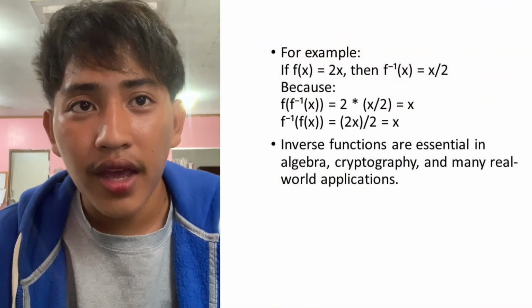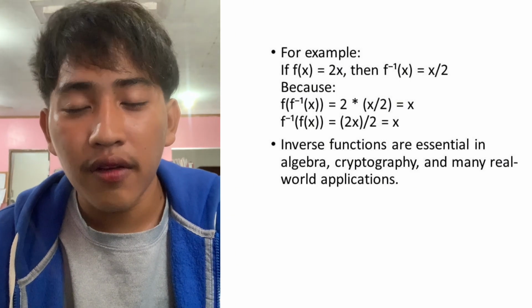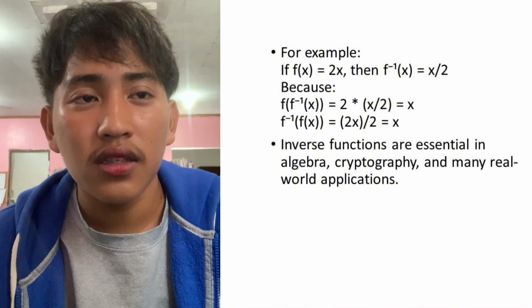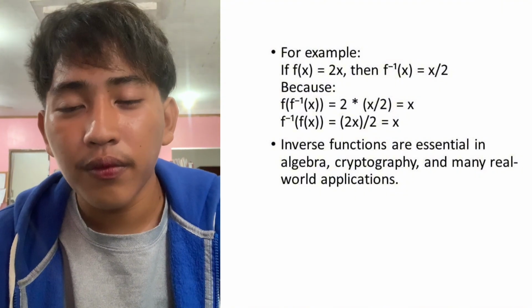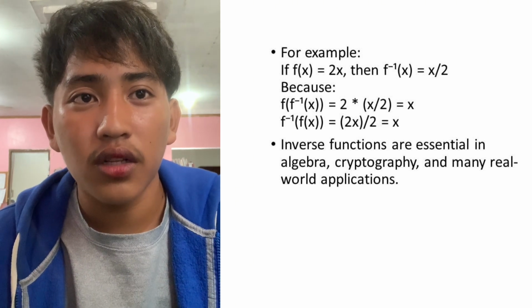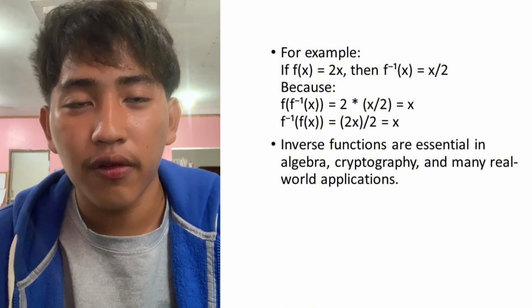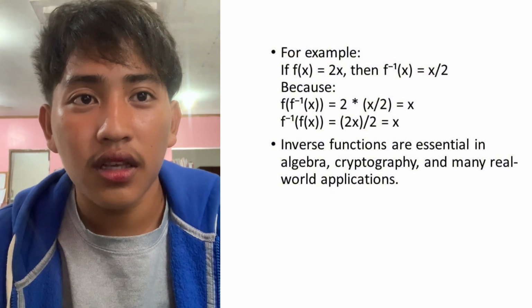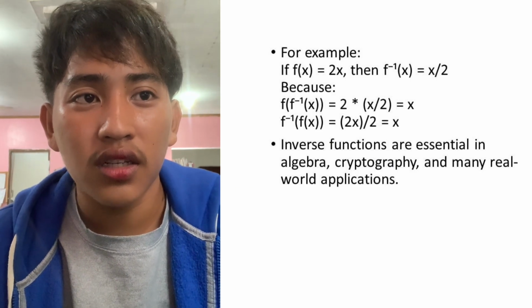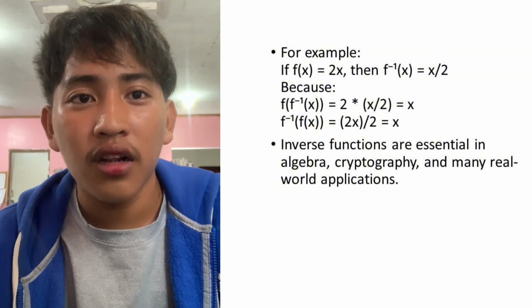For example, if f(x) = 2x, then f⁻¹(x) = x/2, because f(f⁻¹(x)) = 2 times x/2 = x, and f⁻¹(f(x)) = 2x/2 = x. Inverse functions are essential in algebra, cryptography, and many real-world applications.